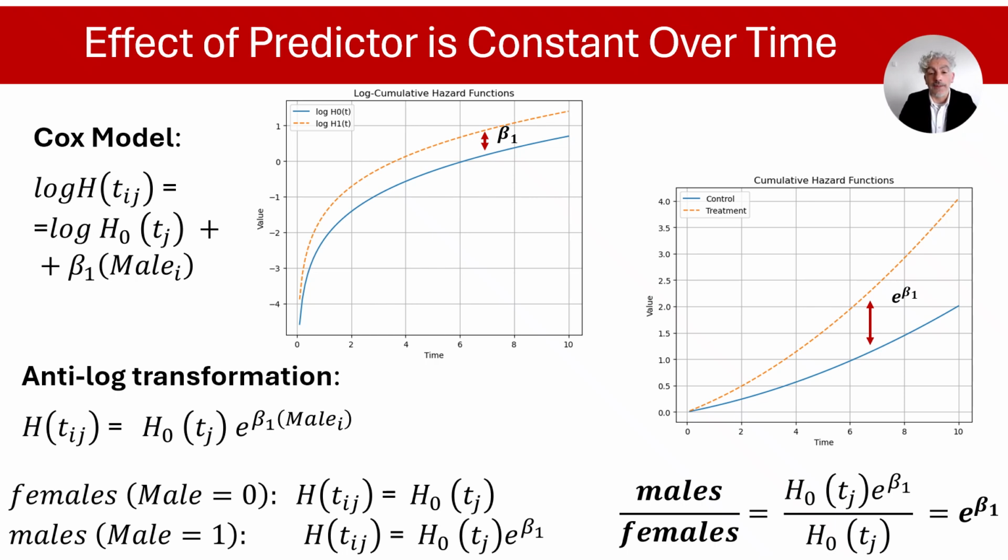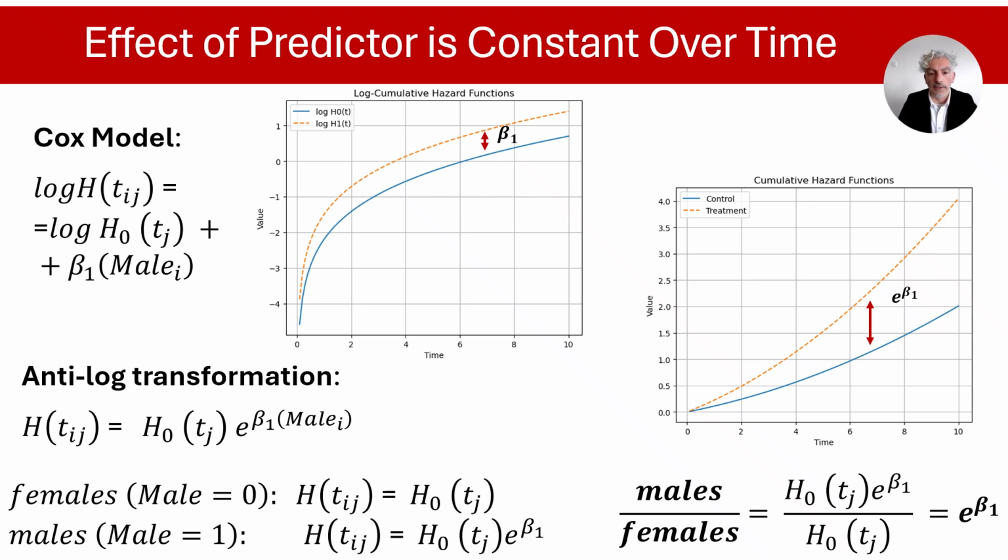So in both cases, the effect of the predictor is constant over time, and here I also represented two idealized examples of these functions, of these relationships, in the two graphs.